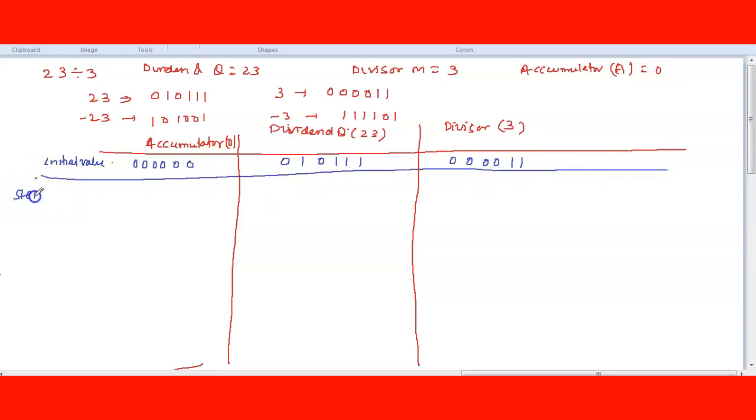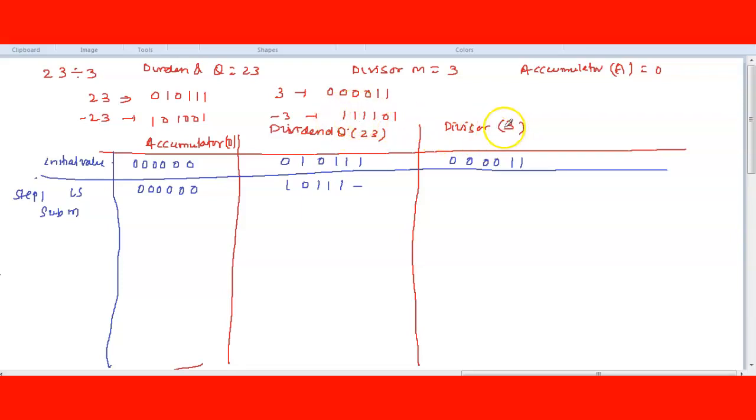Now step 1. How many steps do we have to do? 6 steps. So step 1, left shift. So the left side will get 0 0 0 0 0 0 and here we'll get 1 0 1 1 1 and a dash. Now subtract M. Subtract M means adding minus 3.